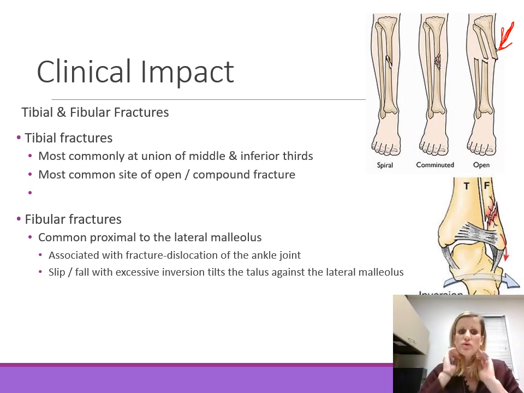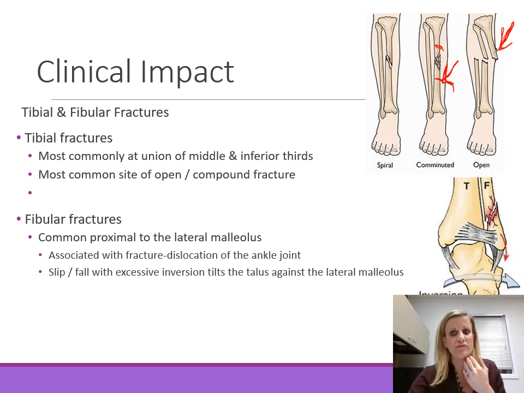Tibial fractures most frequently occur at the union of the middle and inferior thirds of the bone. So if you break the bone into three, this area right here, where the middle and inferior thirds meet, happens to be the weakest point of the bone, and that's where it's most commonly fractured.